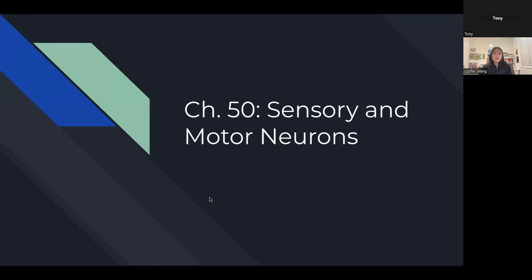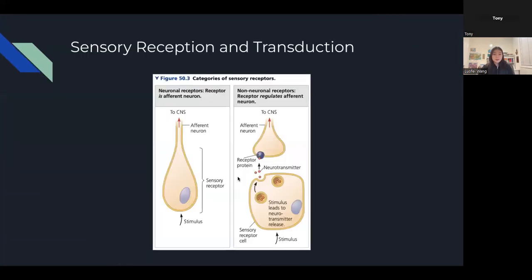Okay, next up is sensory and motor neurons. Sensory reception is where a stimulus is detected in a receptor cell, and the most common response to this is opening or closing of channels to change the receptor potential. The conversion of sensory reception to receptor potential is called sensory transduction.